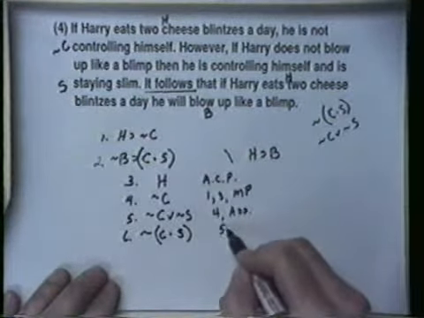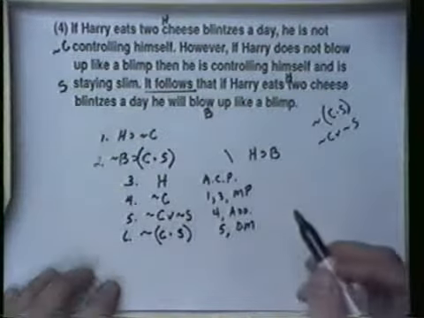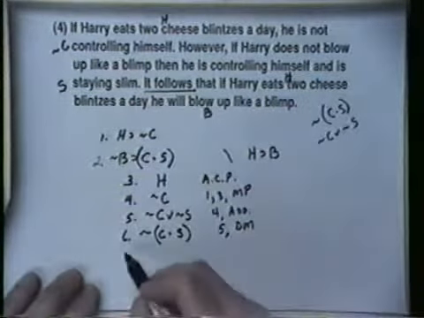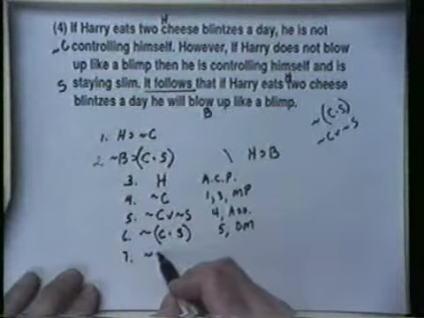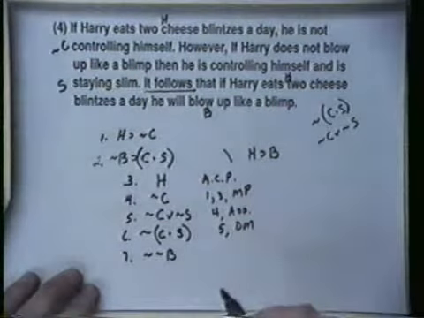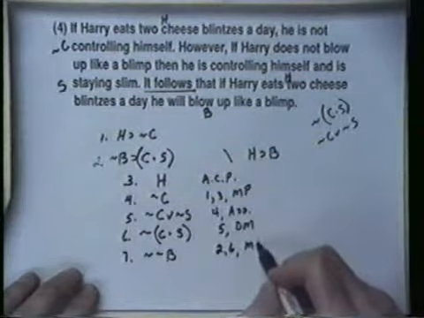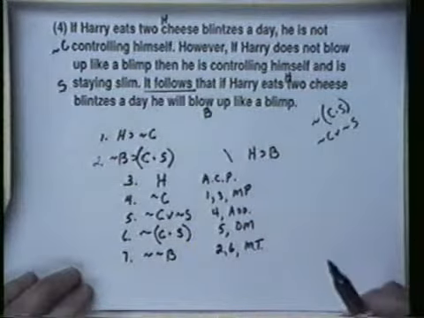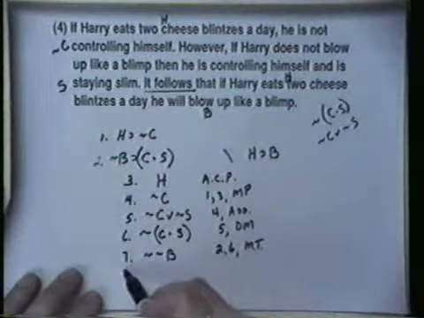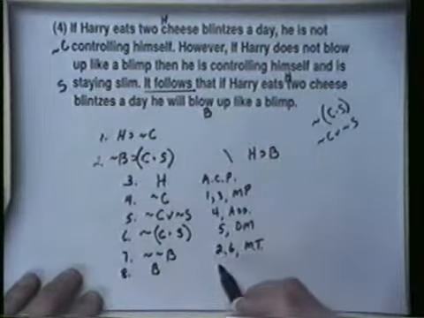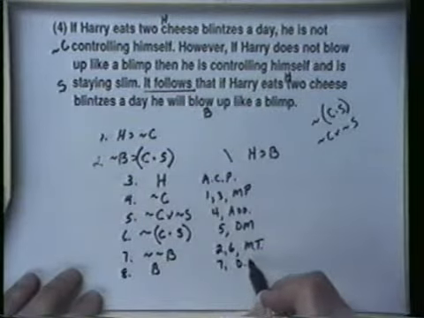And so we cite line 5 here in De Morgan. And of course it will immediately follow then by modus tollens, not B, on line 2 and 6. And that is the same as B by double negation.